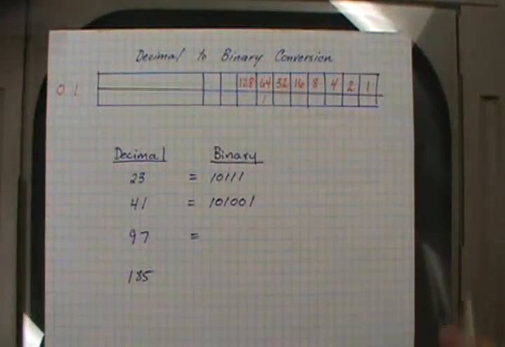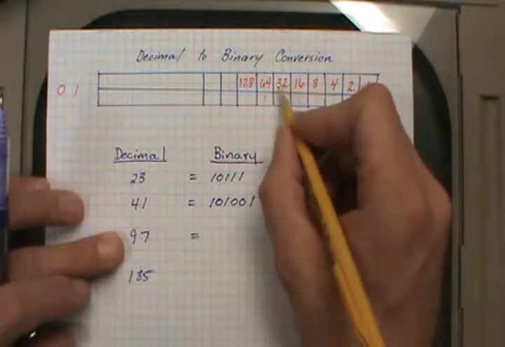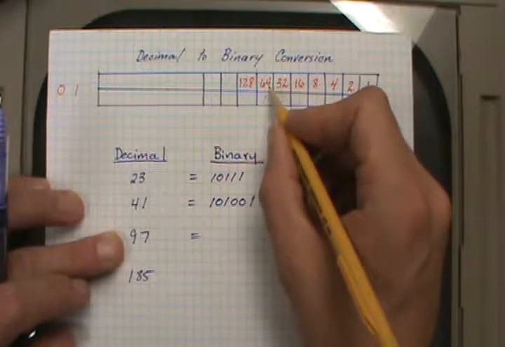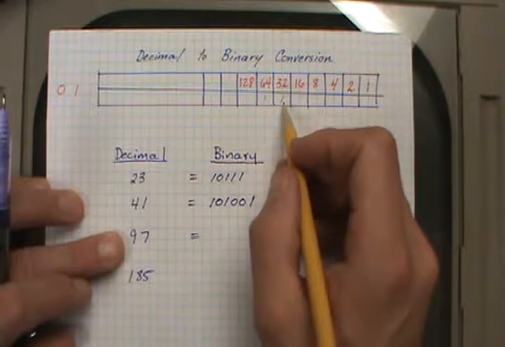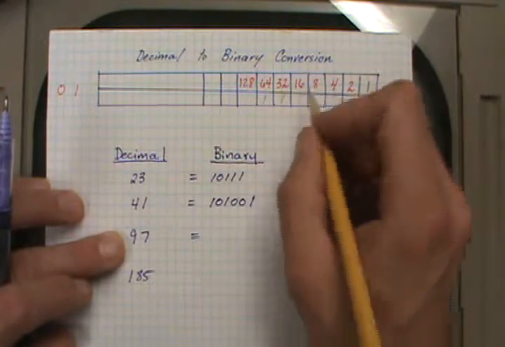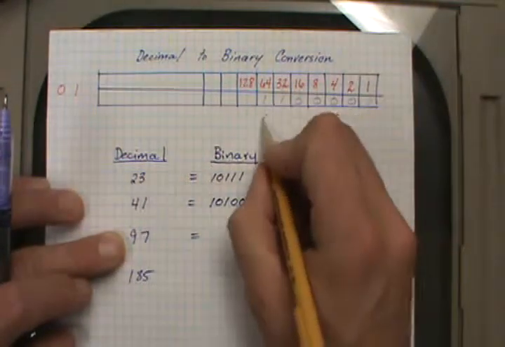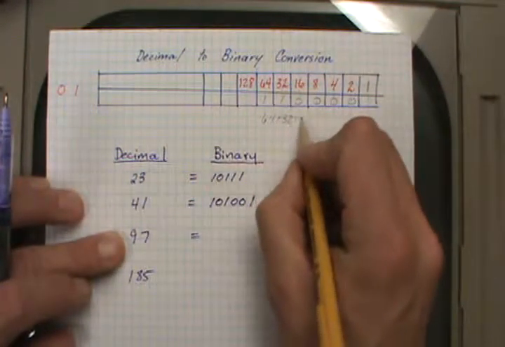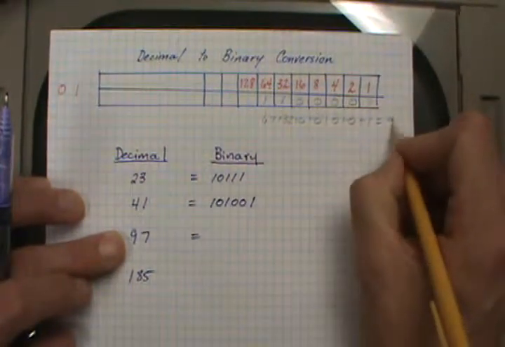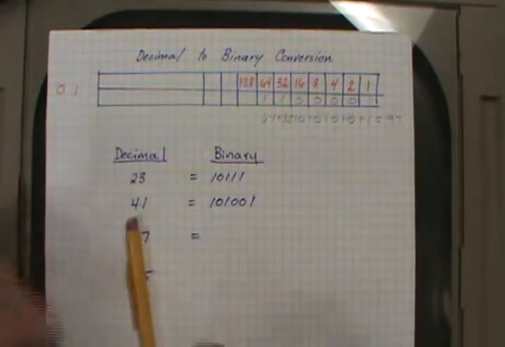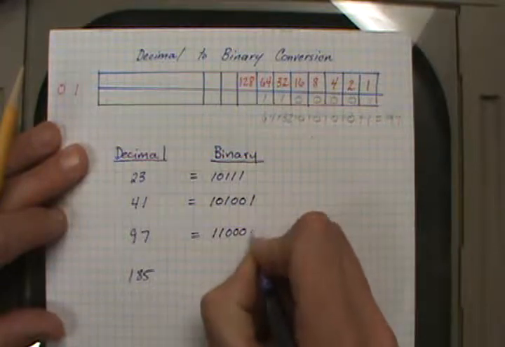So we have 64 in place. 64 plus 32 would be 96. So all we need is 1. So 0, 0, 0, 0, and 1. 64 plus 32 plus 0 plus 0 plus 0 plus 0 plus 1 should give us 97. So that now reads 1, 1, 0, 0, 0, 0, 1.